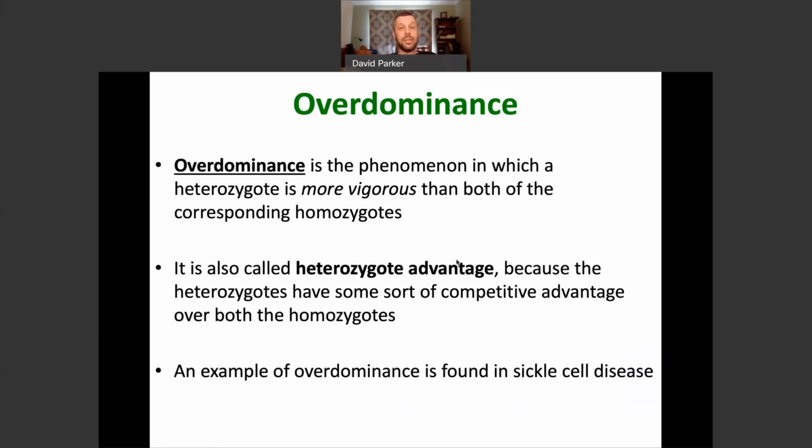So, for some reason, the heterozygote makes you as an organism more efficient or better, in some way more vigorous than both a homozygous dominant or a homozygous recessive situation. Because of that, this is often called heterozygote advantage. And an example is something you already know a little bit about, which is sickle cell disease.